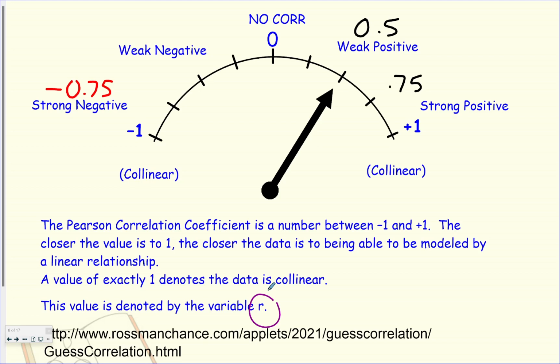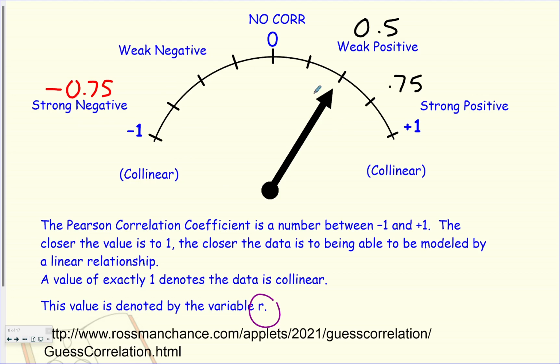The only thing that you'll see here is that it could also be negative. The value of R will tell you whether it senses a positive trend or a negative trend simply by its sign. So if R is positive, there's your positive trend, and if R is negative, there's your negative trend. So like here, you'll see weak negative, strong negative, weak positive, strong positive.